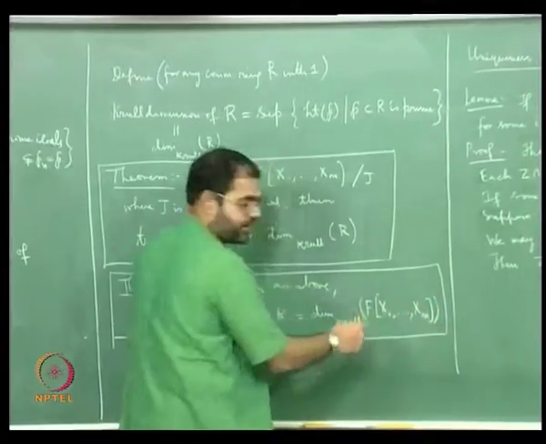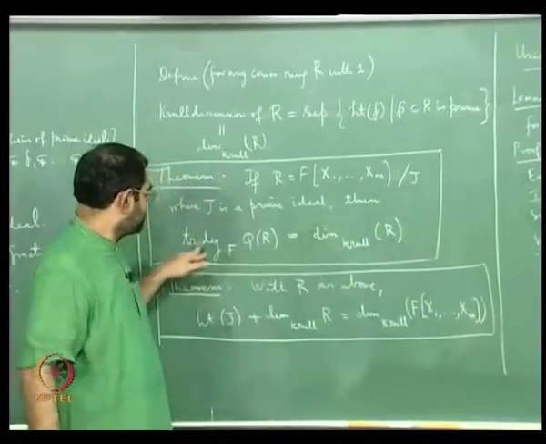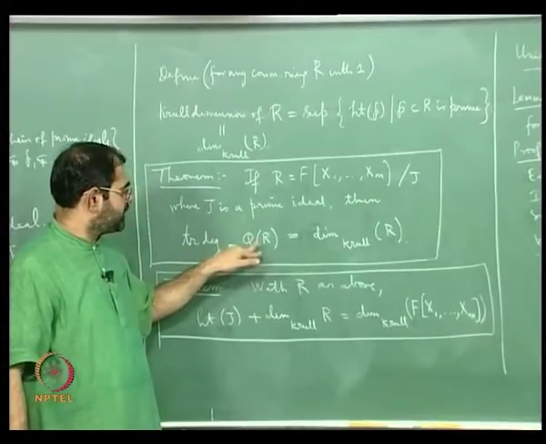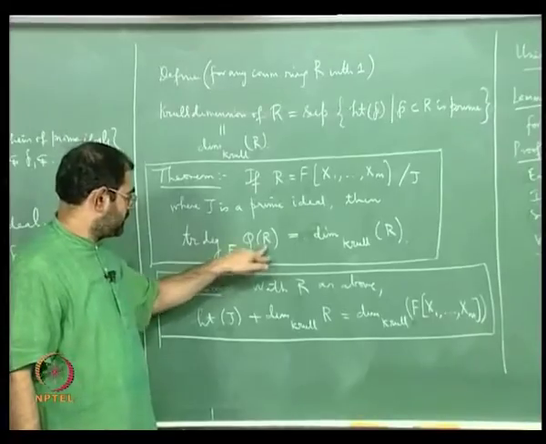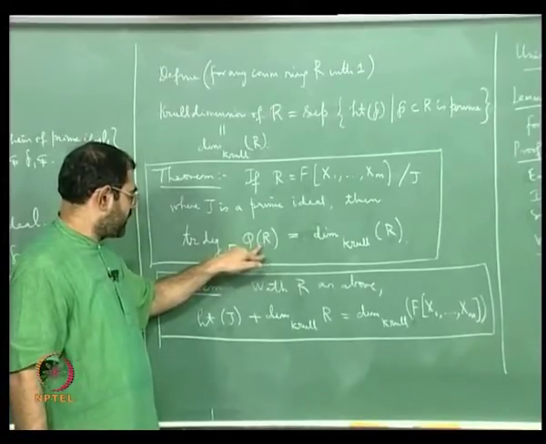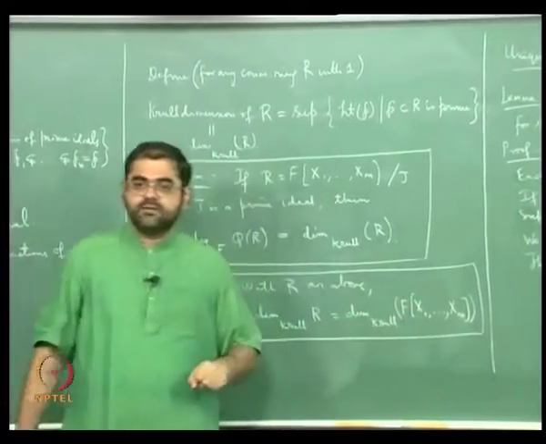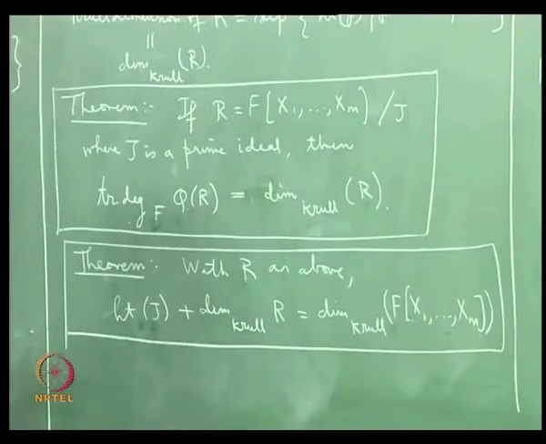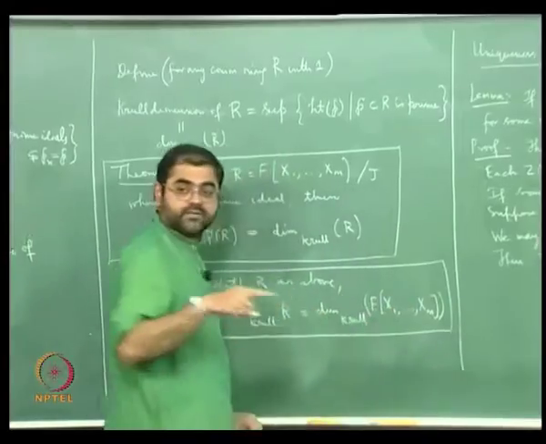that the Krull dimension of this is actually m, because the Krull dimension of a ring is actually the transcendence degree of the quotient field of that integral domain over the base field. So if you take a polynomial ring in m variables and look at its quotient field, you will get the field of quotients in m variables, okay. So the quotient field of this will be F(x1 through xm).